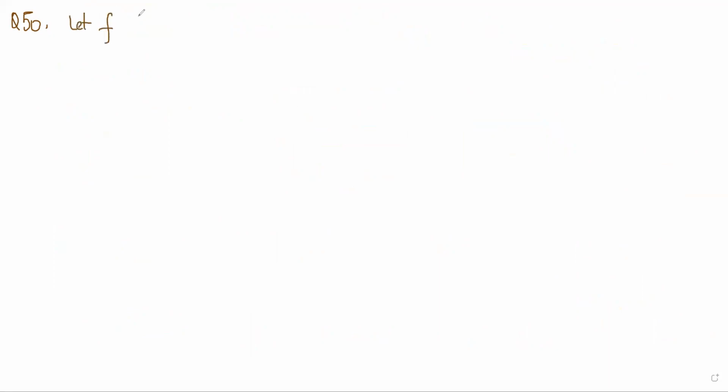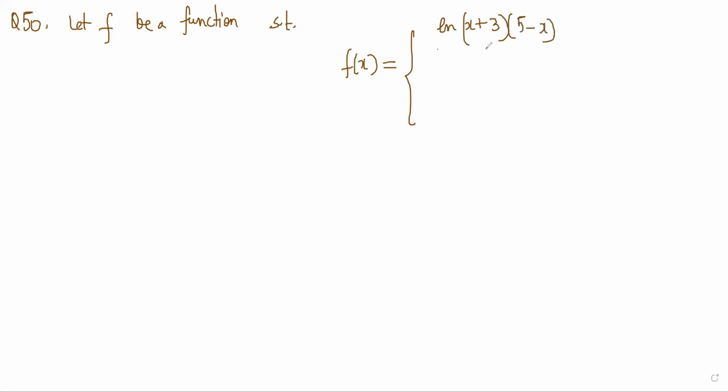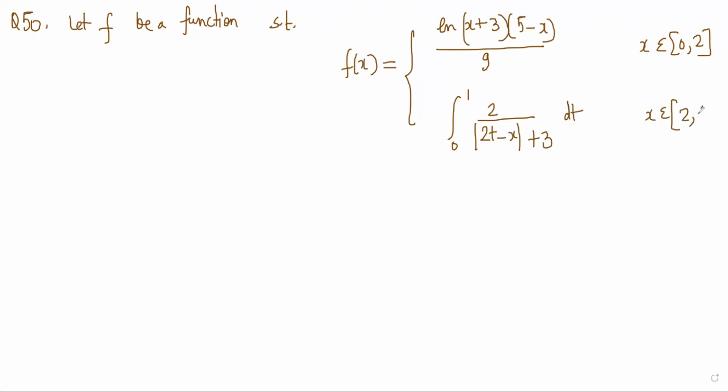Let f be a function such that f of x is equal to ln by 9, x belongs to 0 to 2, and here it is 0 to 1, 2 by 2t minus x mod plus 3 dt, x belongs to 2 to 4, right?